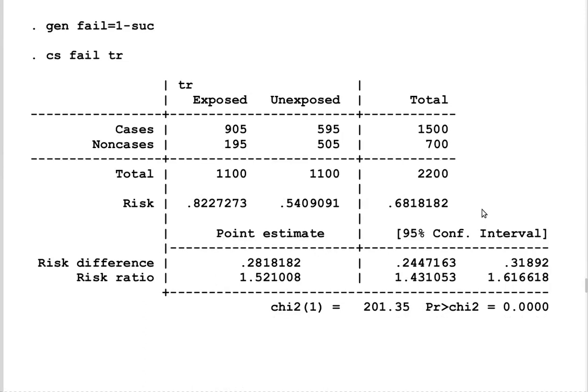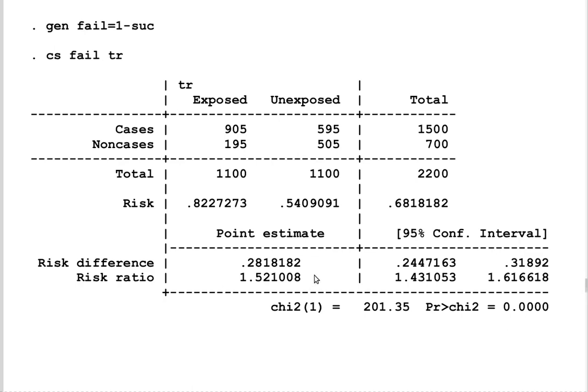If we were to repeat this analysis for the risk difference in terms of failure, the risk differences merely change sign. But notice we get a very different statement of the risk ratio.